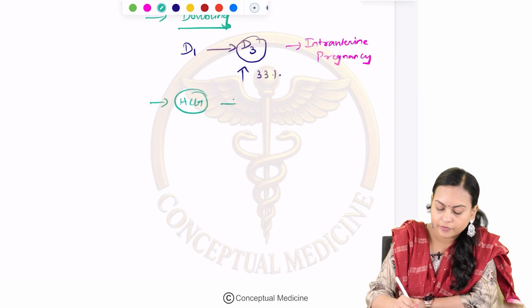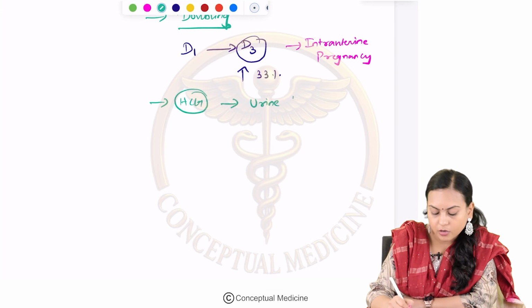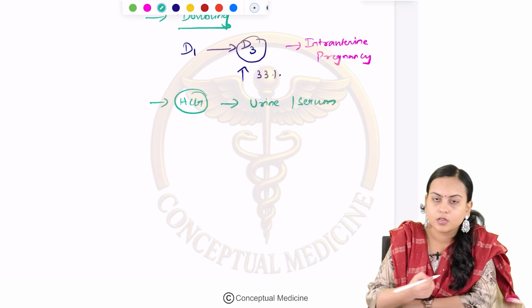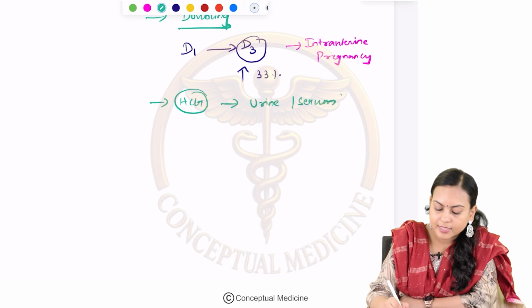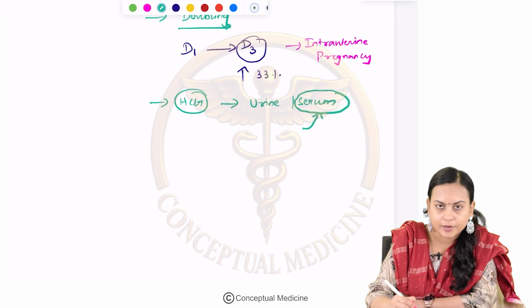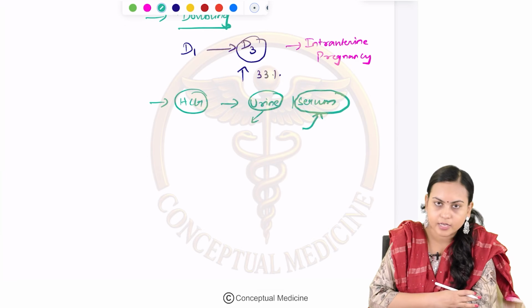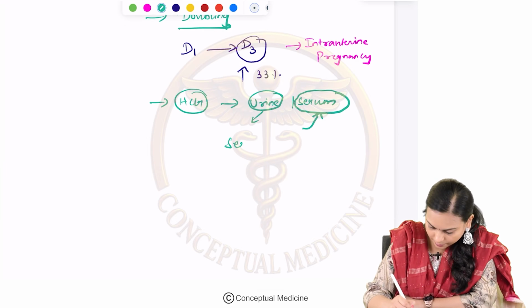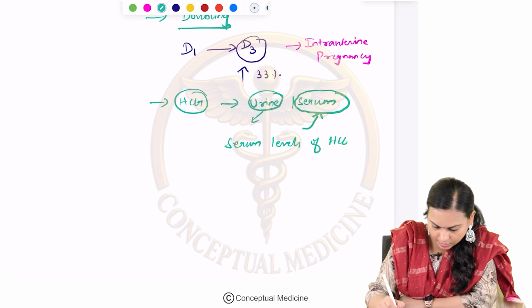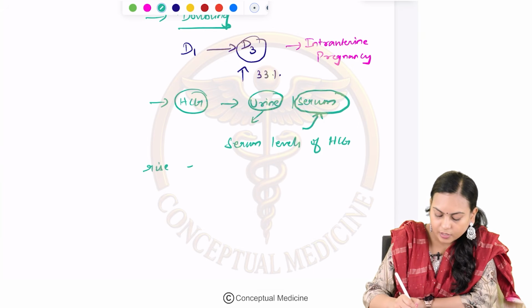Okay. Also, HCG can be measured from urine or serum. So, we can understand that HCG first rises in the serum, then only it is seen in the urine, right? So, serum levels of HCG rise earlier.